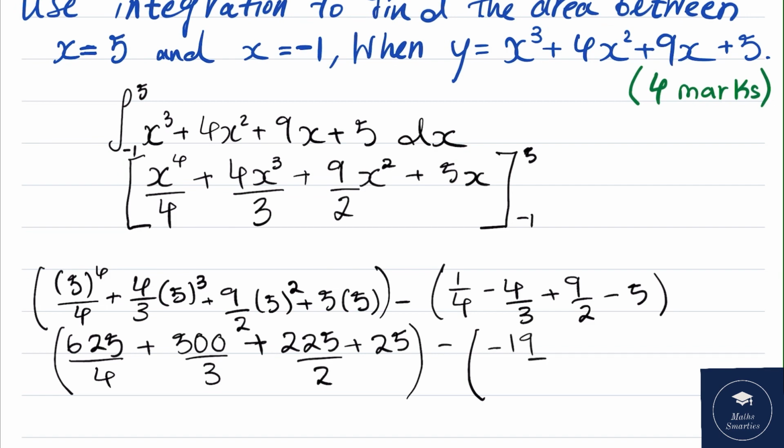And let's find the total again for the first one, and we're going to end up with 5,525 divided by 12 minus negative 19 over 12, and the total is 462.